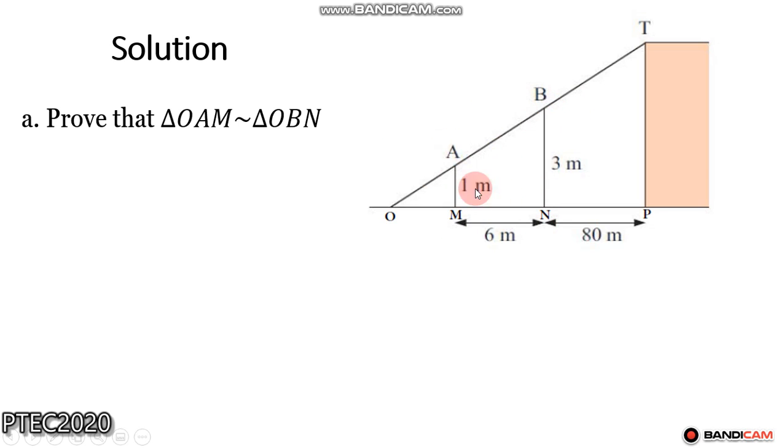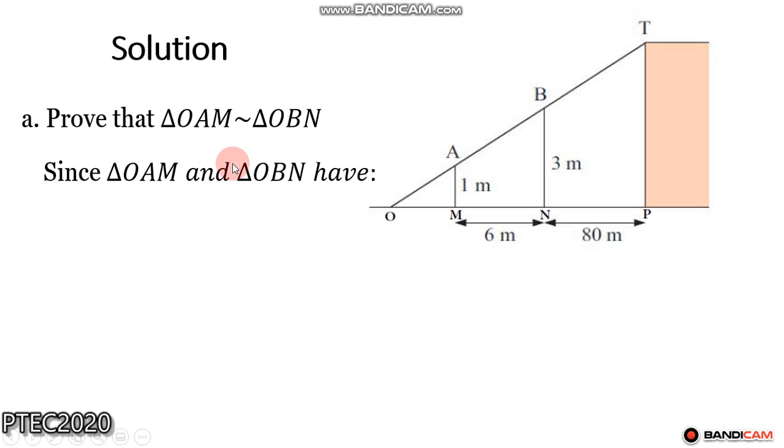So we cannot prove that the two corresponding sides are in proportion. It means that we cannot prove it by the condition of SSS or SAS. So now we can look for whether the corresponding angles are equal or not.